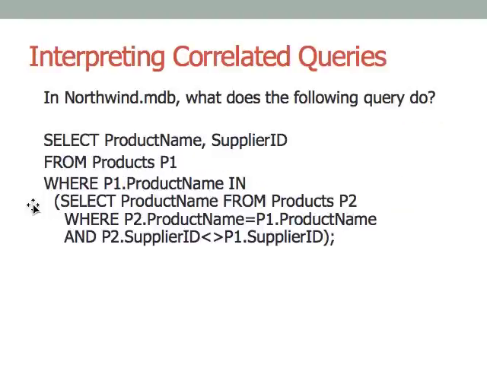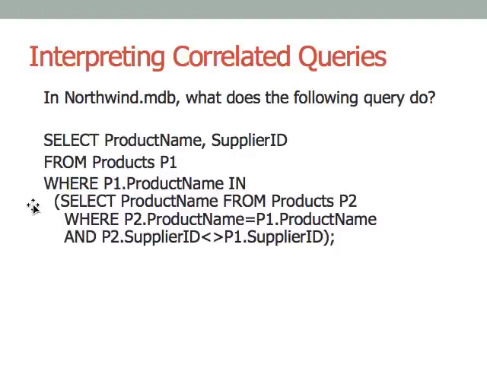So let's try and interpret a couple of correlated queries to see how we recognize them, how we interpret them. So this query starts out from products. Notice the alias P1, and we seem to want only those products. So we're saying where P1.productName in something.